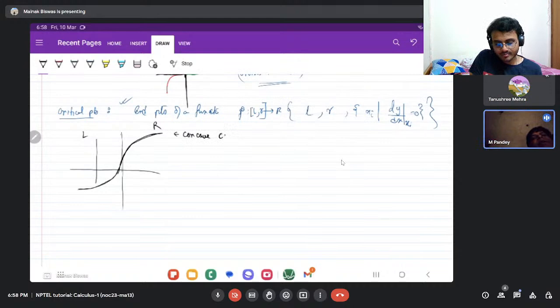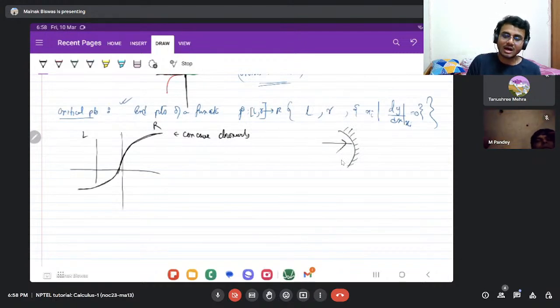The right side is concave downwards. What does concave mean? You remember, this is a concave mirror, where the outer surface, the surface not of interest, is bulging. That's the idea of a concave surface. Where you are actually seeing is inward, so you are going in.